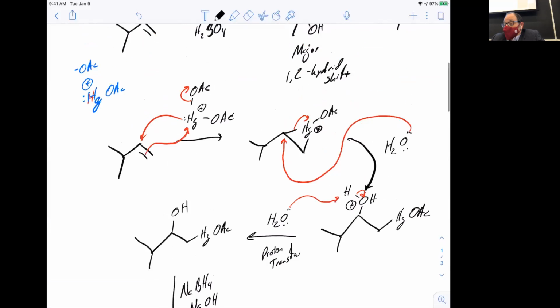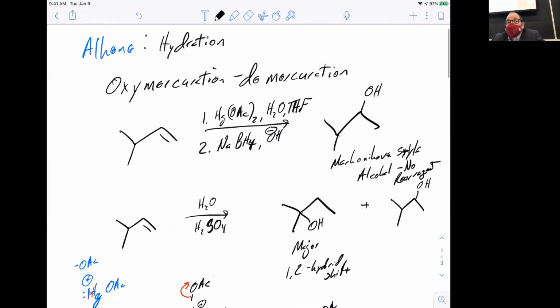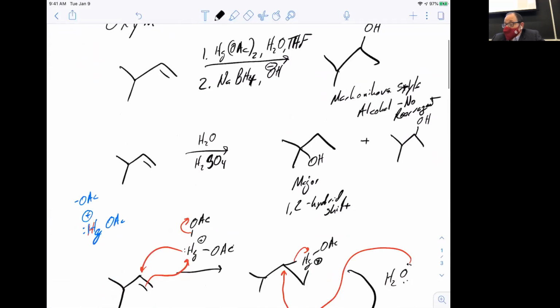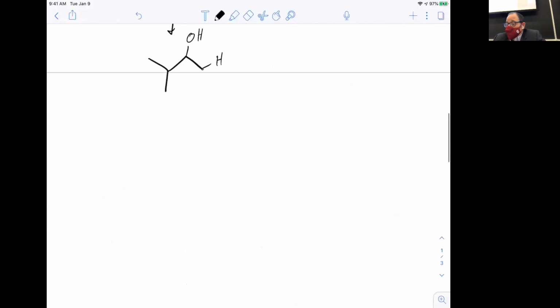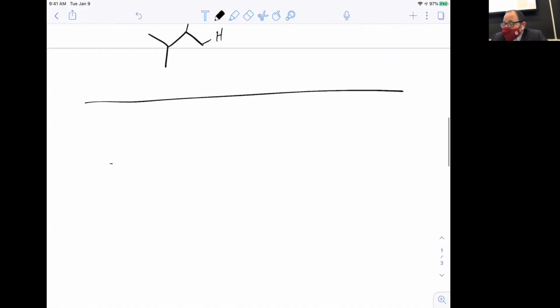Questions about oxymercuration, demercuration? So we have three ways to make alcohols. Let's look at a few examples of where we might use each of those.